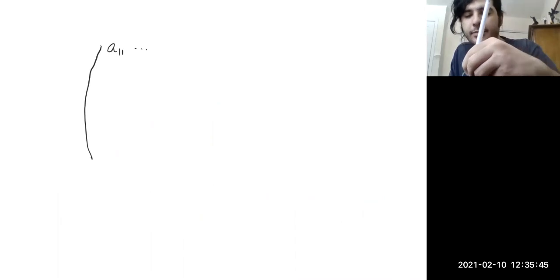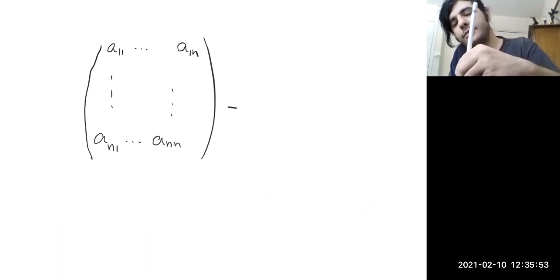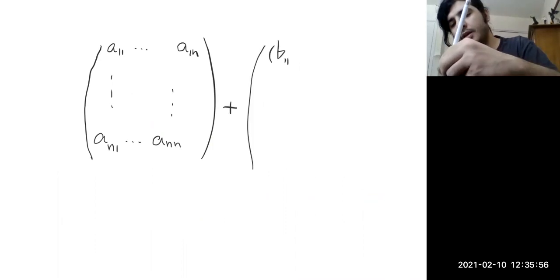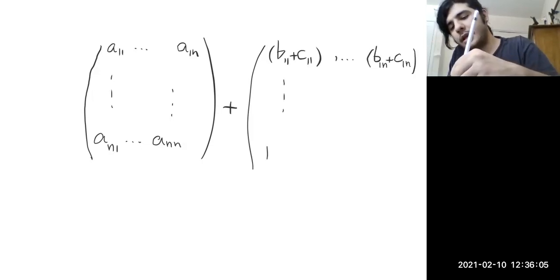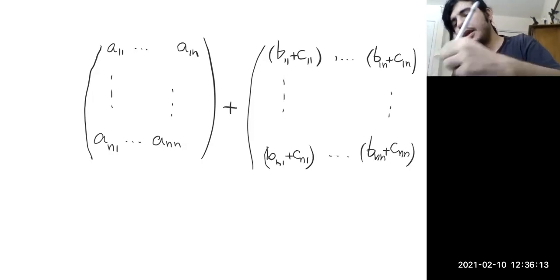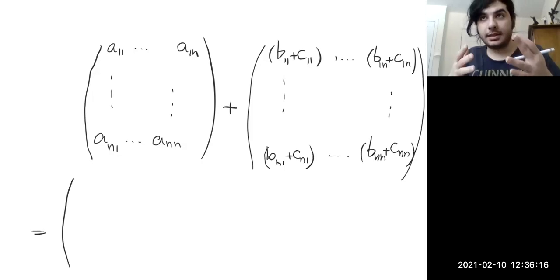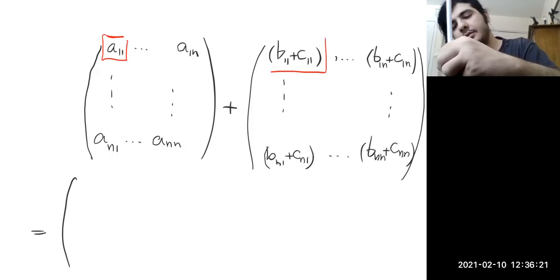Okay, the result would be, well, what was the matrix we wanted to compute? It was A11 to A1n up to ANN. We wanted to add that to this matrix we had, B11 plus C11 up to B1n plus C1n, BN1 plus CN1, BNN plus CNN. Now, again, using the definition of sum of matrices, I should add the first element here to the first element here.